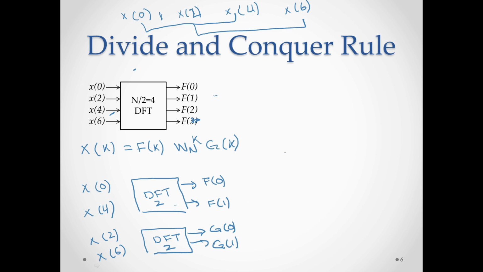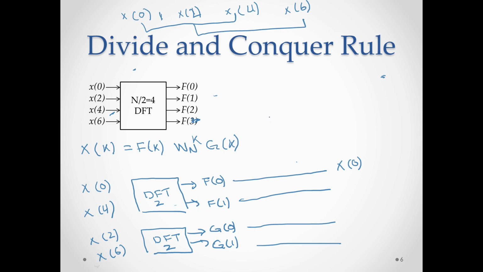Now, according to this formula, let me draw 4 straight lines. What we will get over here is that our x of 0 term would be equal to f of 0, as this is a 4-point DFT.